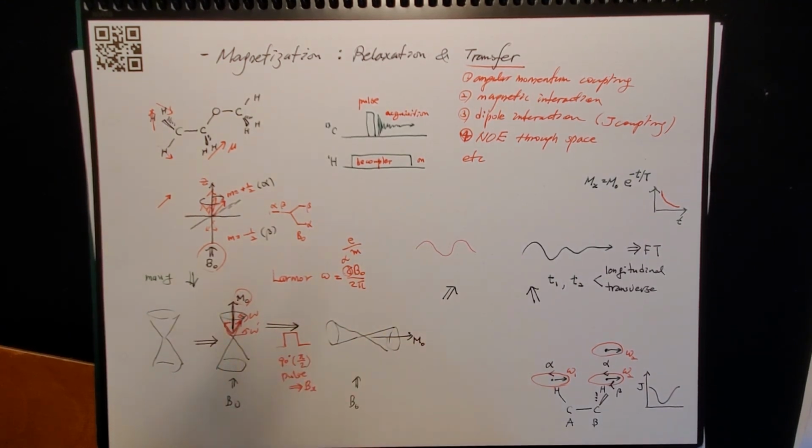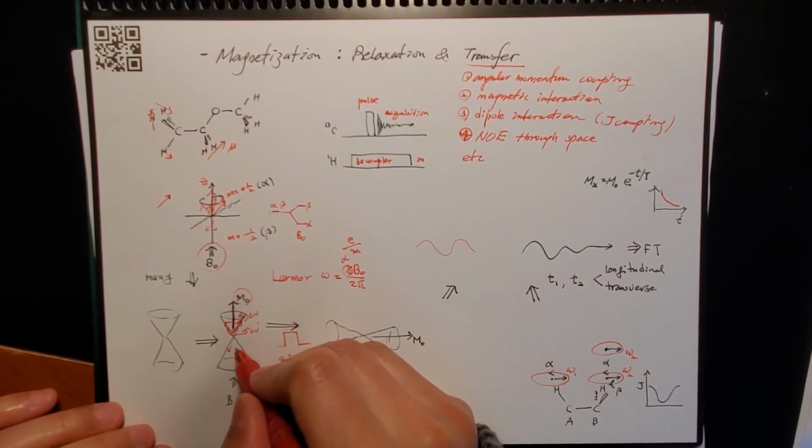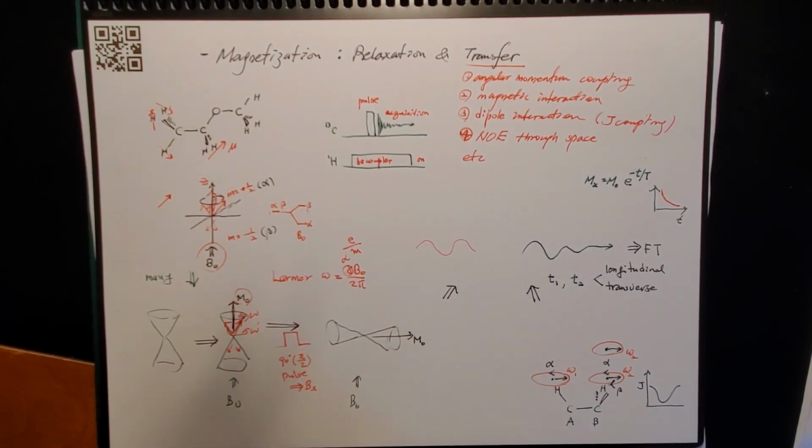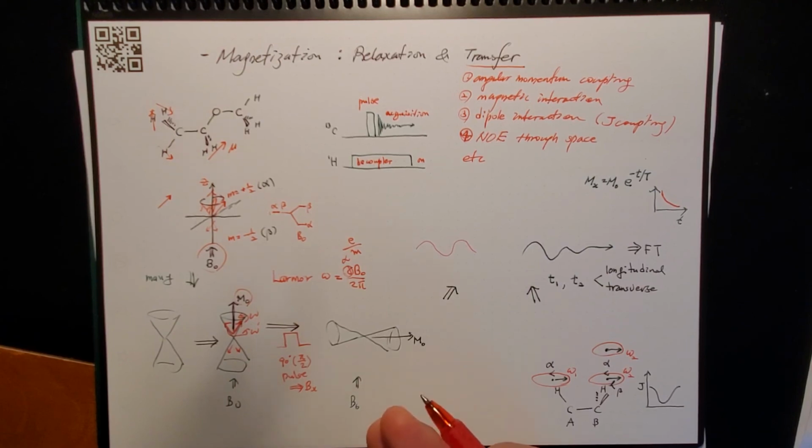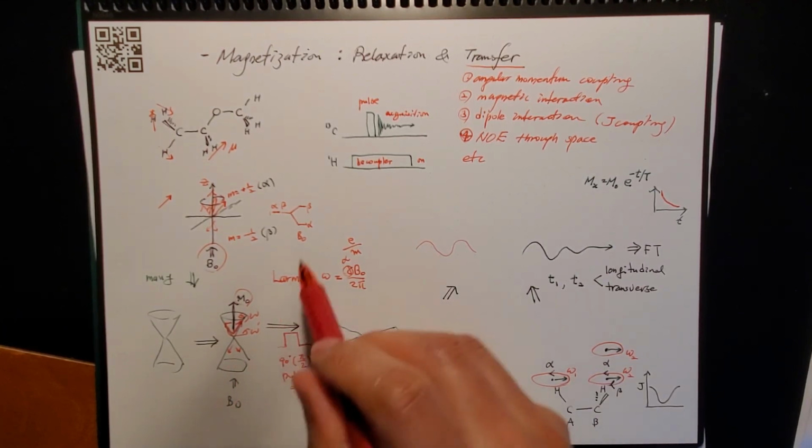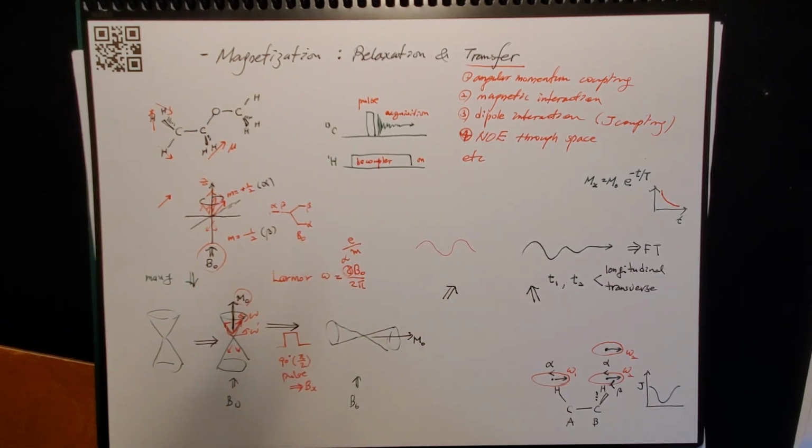So it's a collection of all those, and they're precessing at different rates. And obviously there are a couple down there that are also precessing with a different precession frequency. However, they are in the beta spin state. Okay.